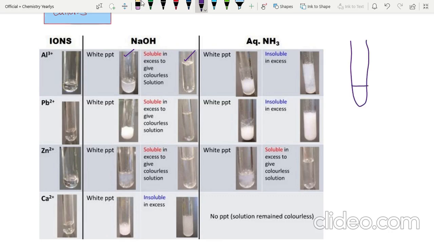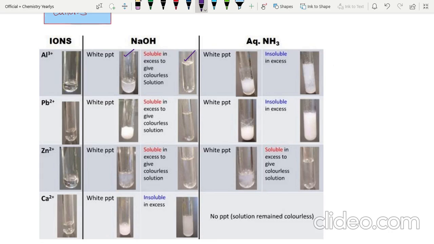Now if I add this much amount of ammonia, or it can be NaOH, this is called excess, and lower than this it will be a few drops. So it is soluble in excess to give colorless solution. Aluminium dissolves in the excess NaOH to give the colorless solution, while in ammonia it will give a stronger, denser precipitate, and it will remain insoluble in the excess.